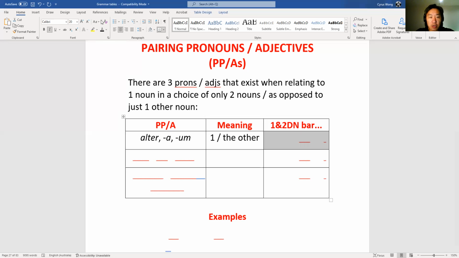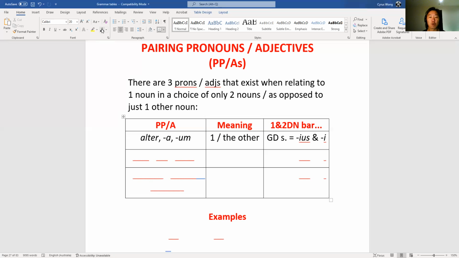By the way, it is like miser, misera, miserum. So it is like an adjective, but with the very important exception that its genitive and dative singular forms follow those special rules. If you say of one or the other thing, it's alterius, ius, ius.